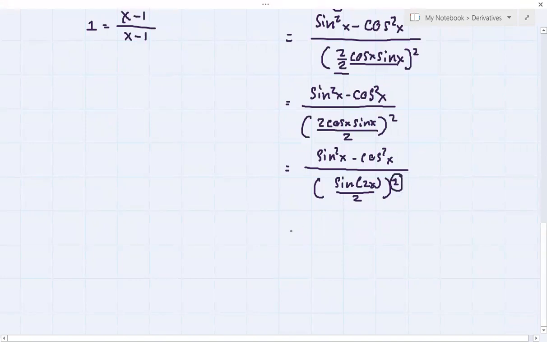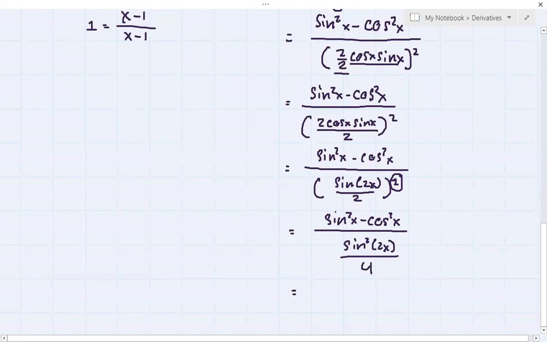Pwede mo nang i-distribute yung exponent na naka-square. So, if that's the case, magiging ganito yung resulta. We will have sine squared of 2x all over 4.